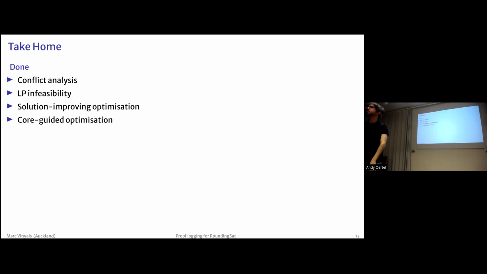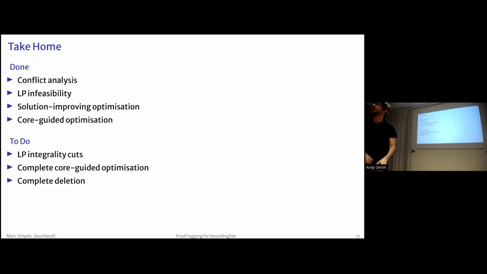Great. So, to recap, what's done? What can we do for RoundingSat? Conflict analysis is easy. LP infeasibility is done. Solution-improving optimization is done. Core-guided optimization is mostly done, except for a couple of bits.